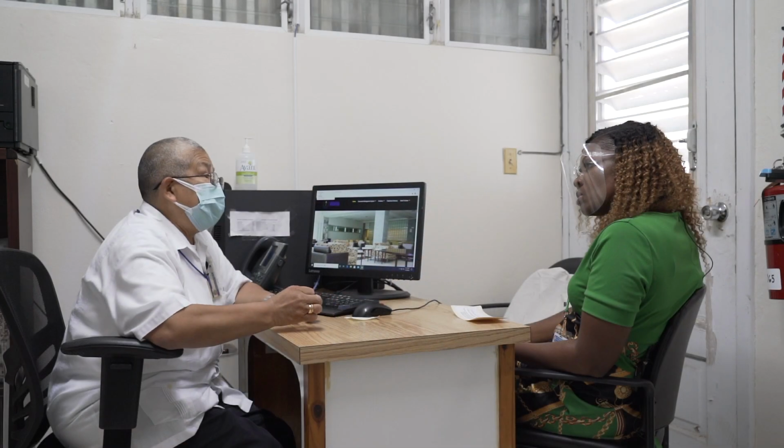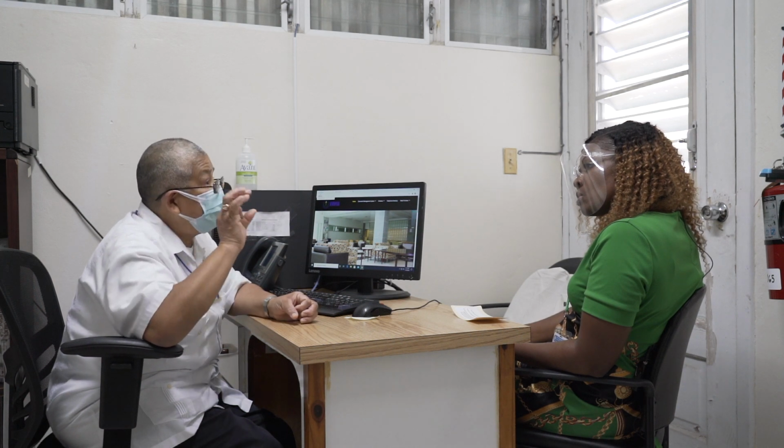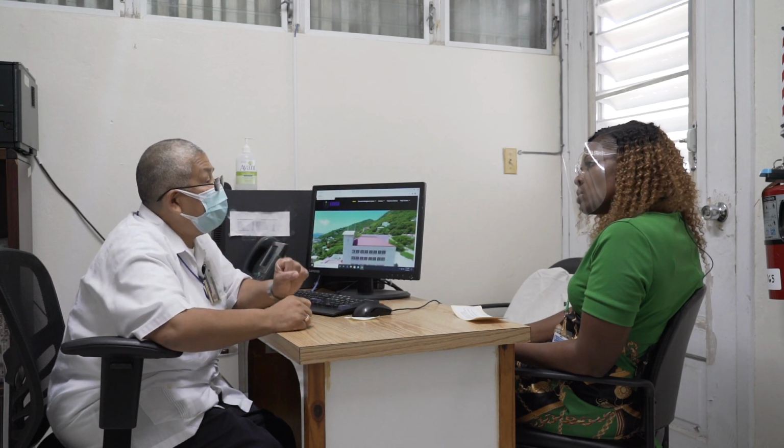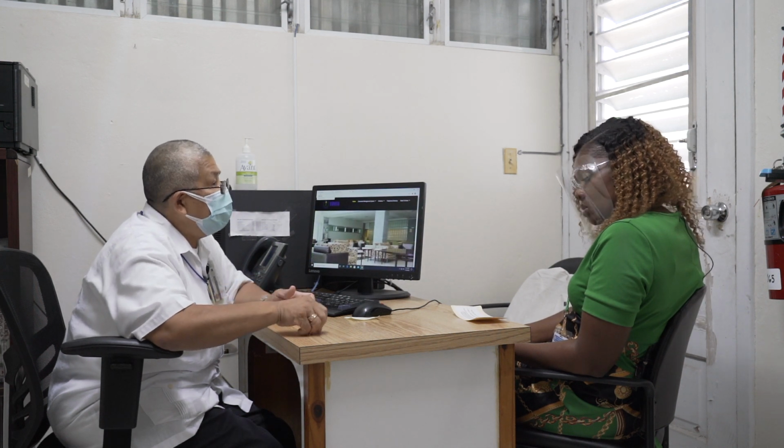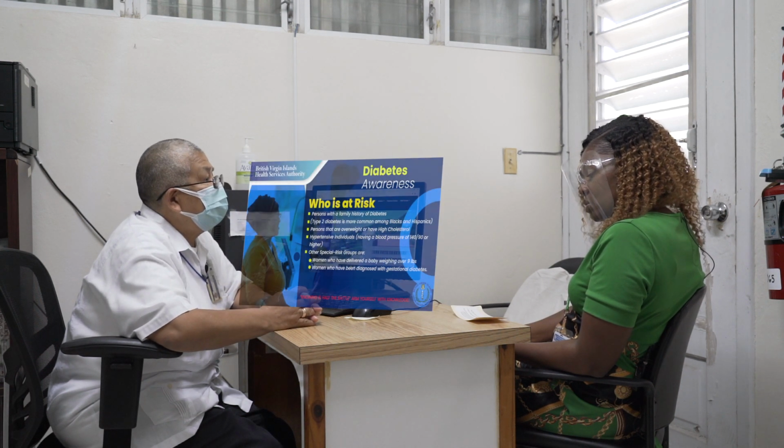We find out how much you know about your condition, what it is, what the signs and symptoms are, what medications you're taking, the dosage. And one of the things I keep telling them, don't tell me a big white tablet and a small red tablet. We emphasize they should know the dosage and the names of the medication.